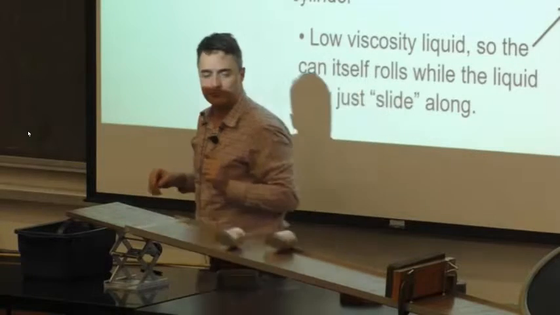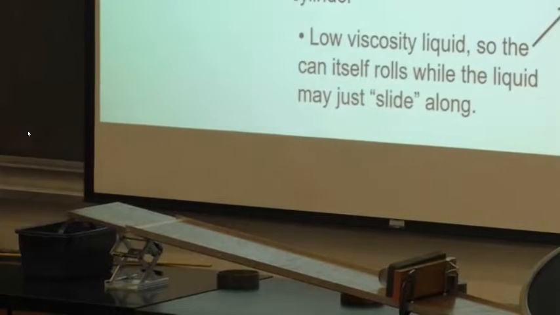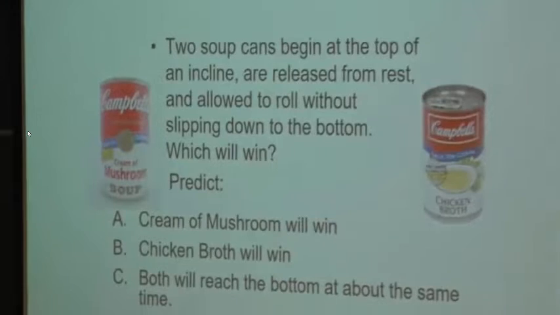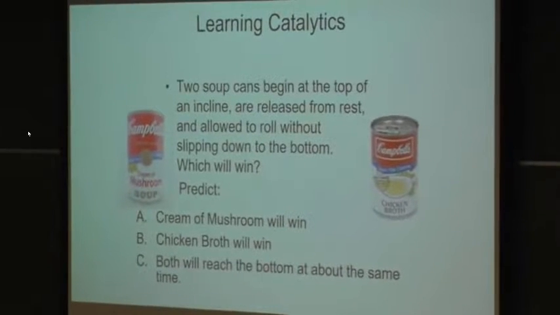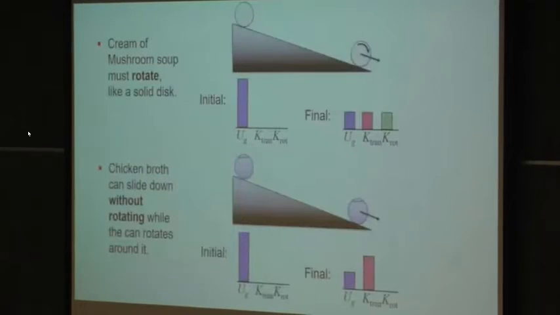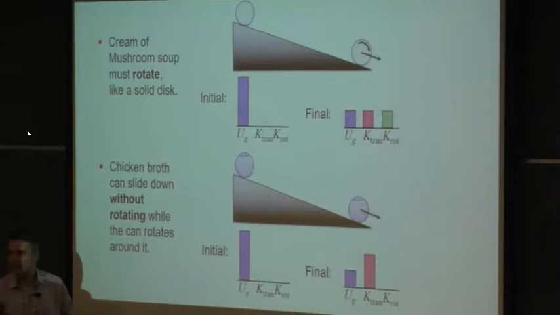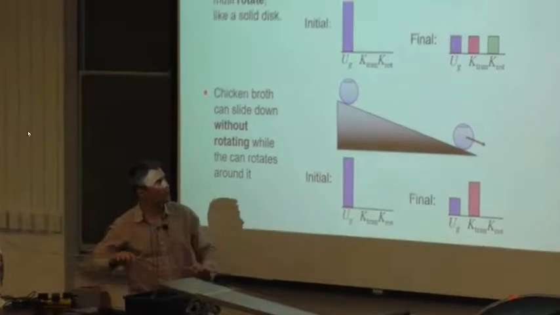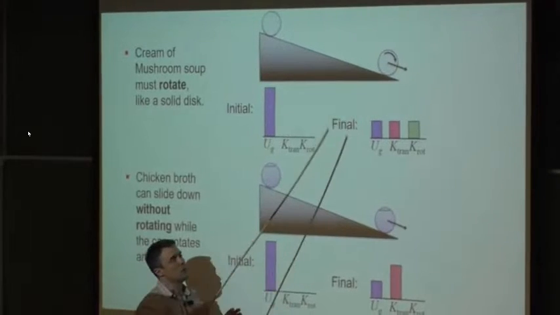Which is weird. But what I think is going on here, so the answer is going to be B. I think that the cream of mushroom soup is like the solid disc. I think that it's so sticky that it probably rotates as one.